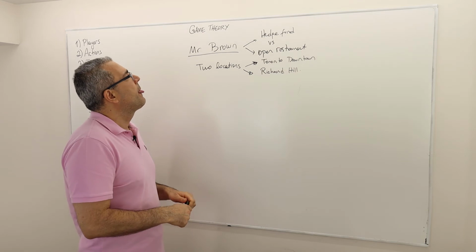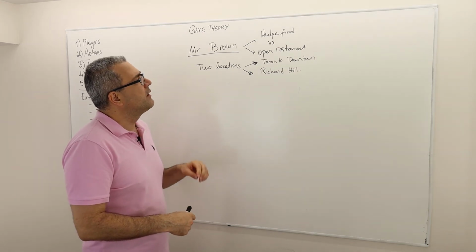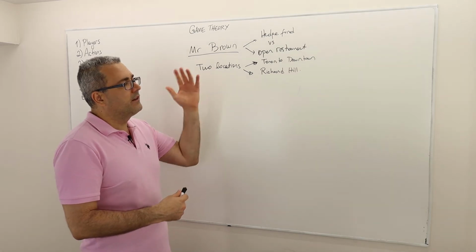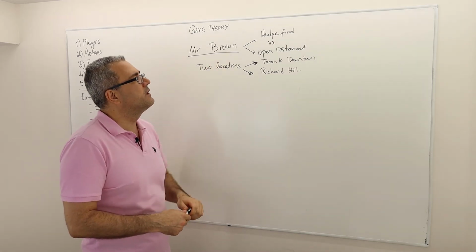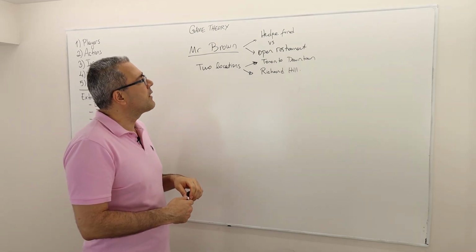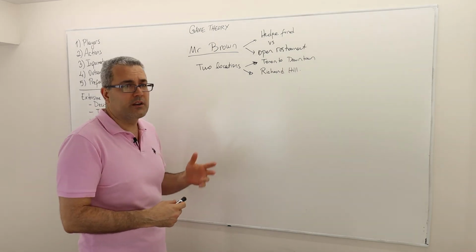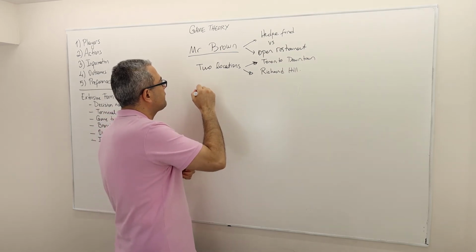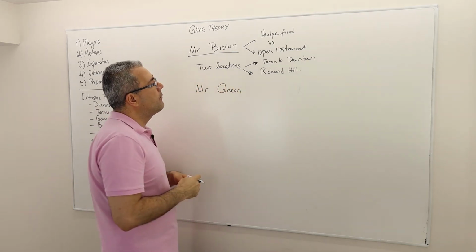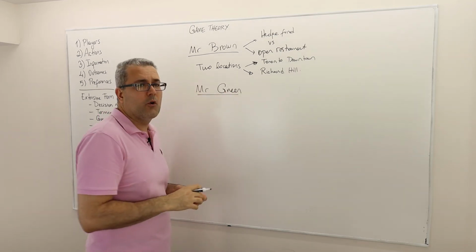So let's suppose when Mr. Brown decides whether to open a restaurant or invest his money in a hedge fund, he knows that he has a competitor, Mr. Green, who also has an intention to open a restaurant.